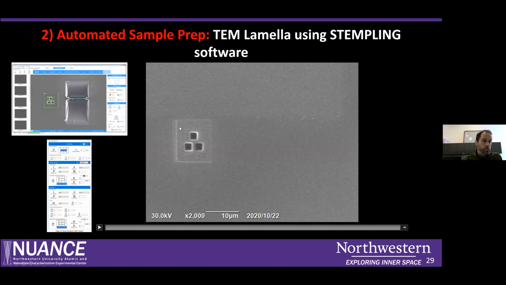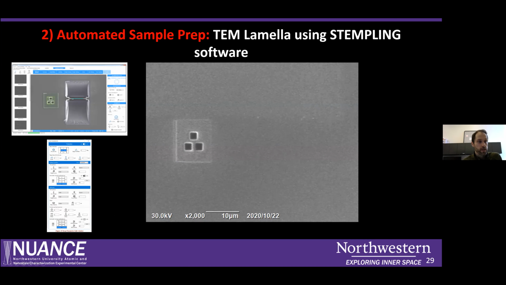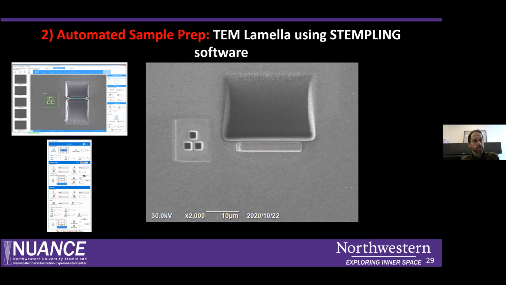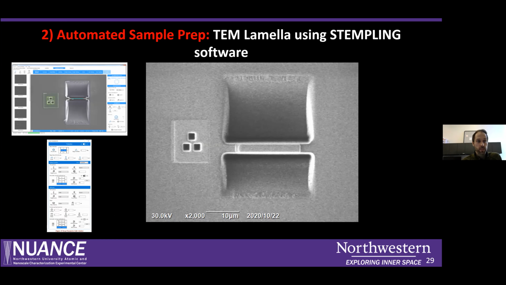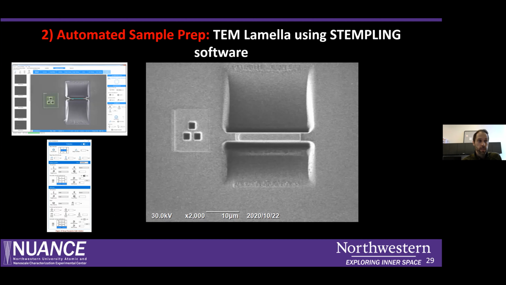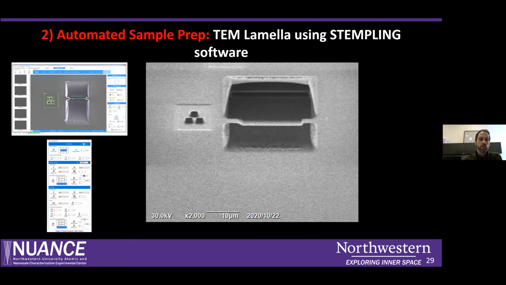Here we start with that marker. In the next step, we deposit our platinum bar. Then we mill one trench, we mill the other. We clean up both sides using a lower energy beam. Then we're tilting towards 0 degrees.